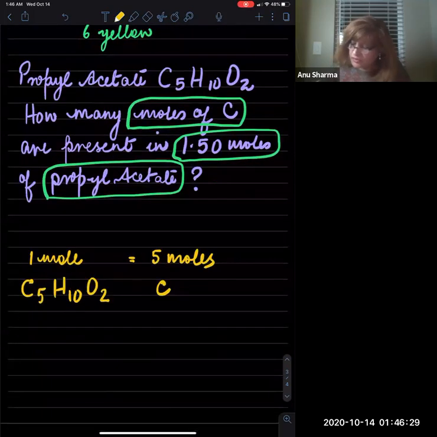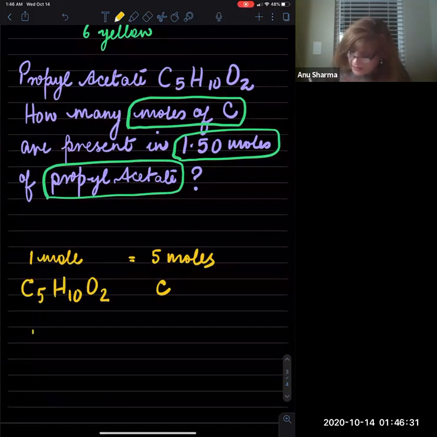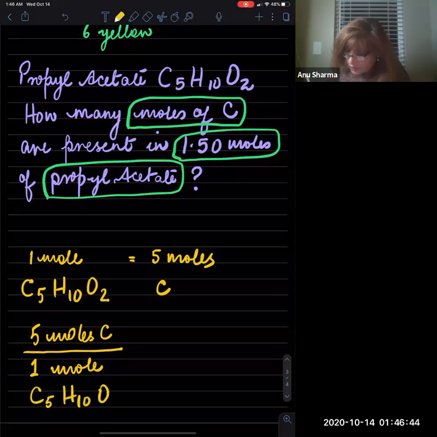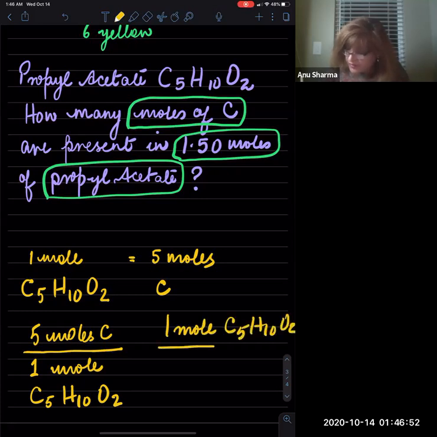So this whole thing can be written as 5 moles of carbon are present in 1 mole of C5H10O2, or in 1 mole of this whole C5H10O2, there are 5 moles of carbon.